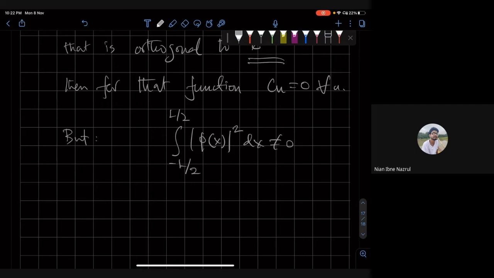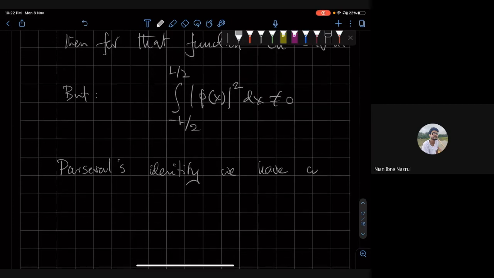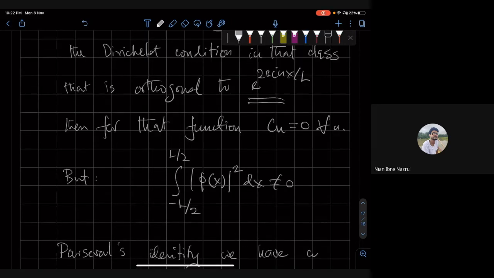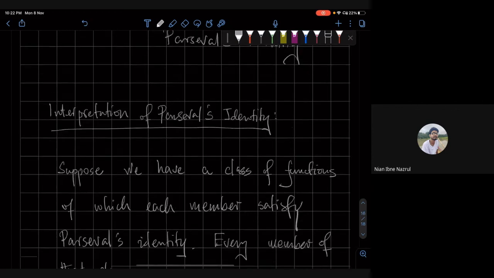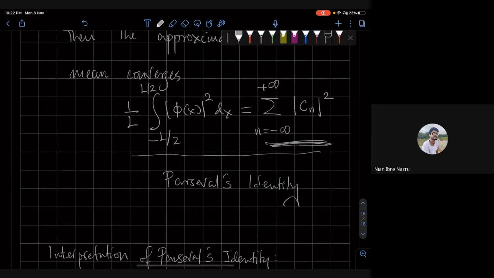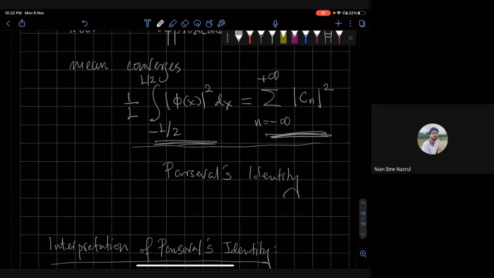And so, according to Parseval's identity, we have a contradiction, because all the C's are 0. If all the C's are 0, then the right-hand side of Parseval's identity would be 0 for that function, but we see that the left-hand side is not 0.